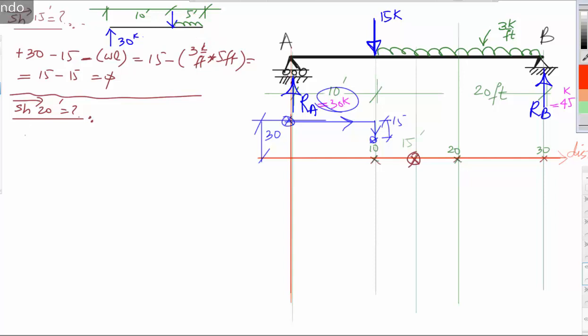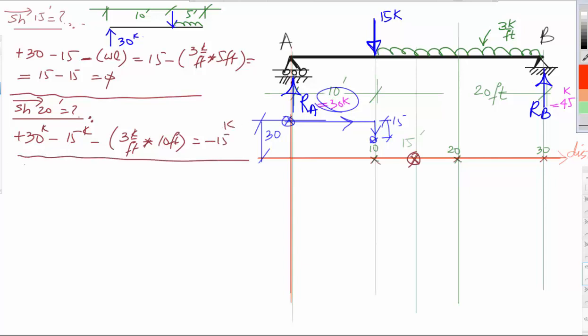So I'm not going to sketch that, so it will be plus 30 minus 15 kips, of course these are kips, minus the W, which is 3 kip per foot, and the distance now is 10 feet for the uniform load, 10 feet is equal to minus 15 kips.